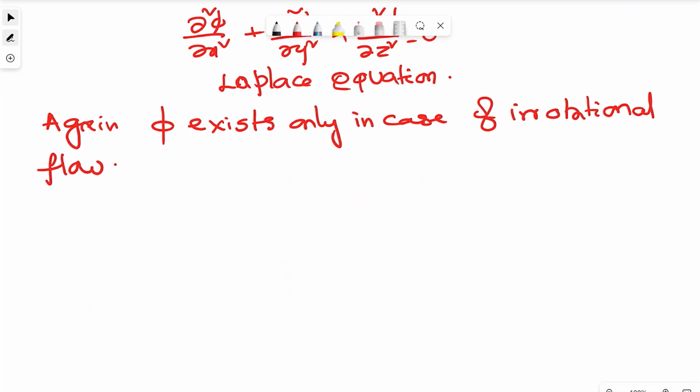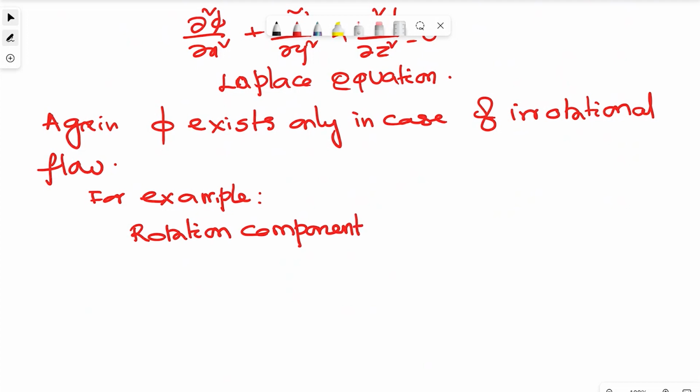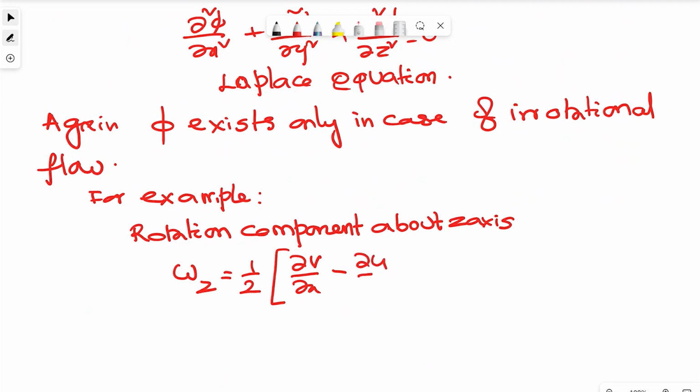For example, the rotation component about the z-axis, which is called omega z, is equal to half of dou v by dou x minus dou u by dou y.